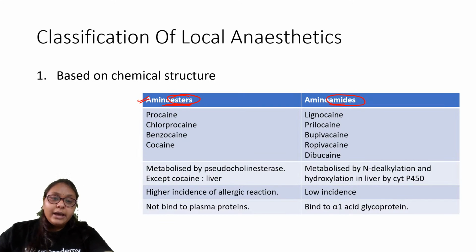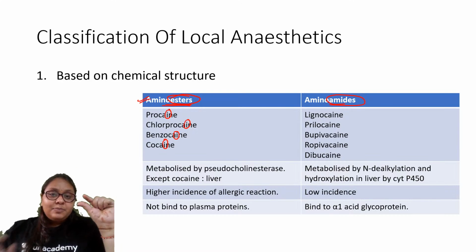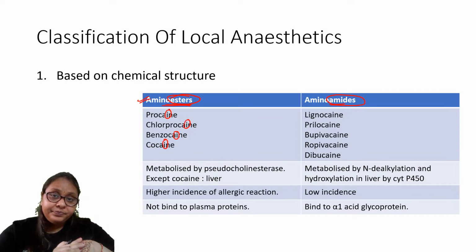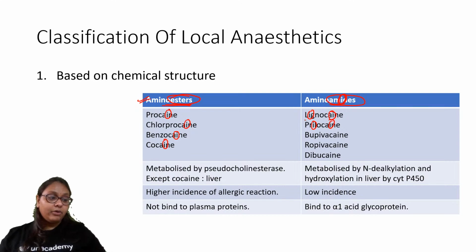Okay, now esters में एक भी I नहीं आया, so the examples of this contain only one I. Remember this. ठीक है, the local anesthetics in which only one I is present, those are the examples of amino esters. If two I's are present, because amide has an I, if two I's are present, these are the examples of amides.